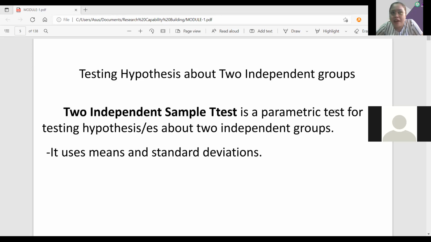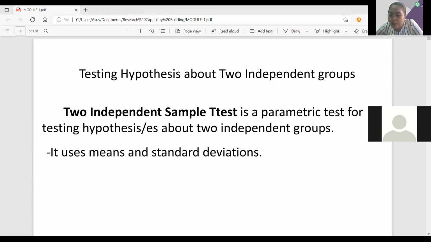Just like when you have your frequency distribution table with your demographic profile, you are just simply summarizing the demographic profile of your respondents. But when you say you are doing hypothesis testing, this requires sophisticated mathematical na tools in order for you to analyze and interpret the numerical data.